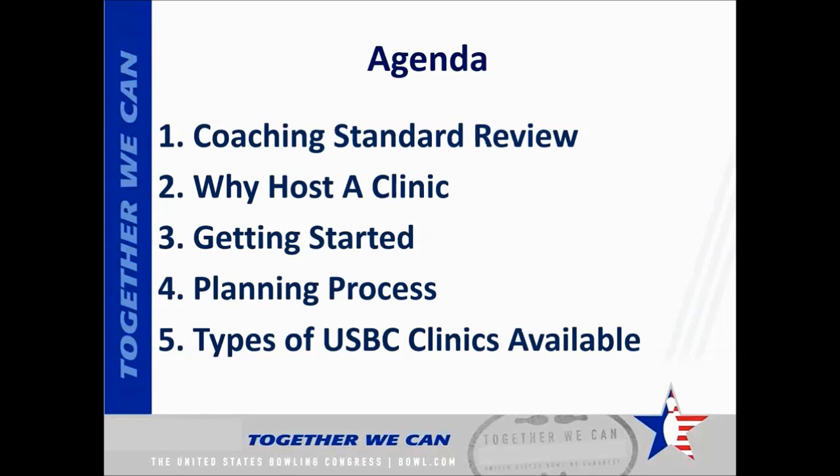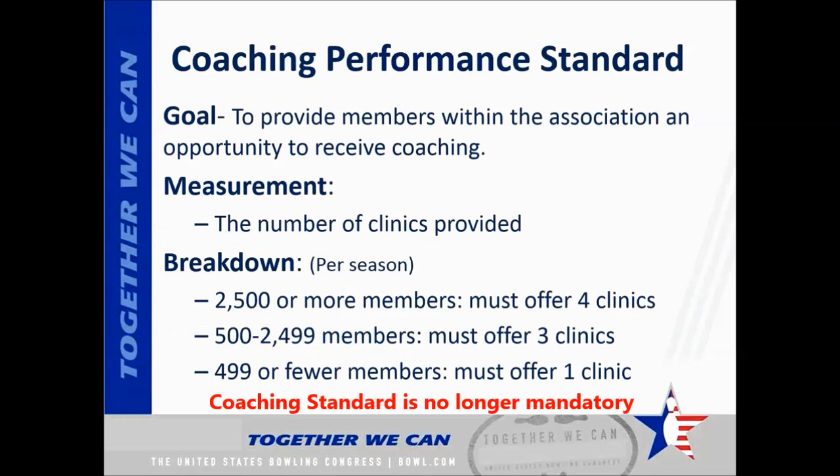So let's start with the coaching performance standard. As you all know, the goal of the coaching performance standard is to provide members within the association an opportunity to receive coaching. The measurement of that obviously is the number of clinics for each association to provide to their members. As you can see here on the screen, there is a breakdown, and this is a breakdown per season.